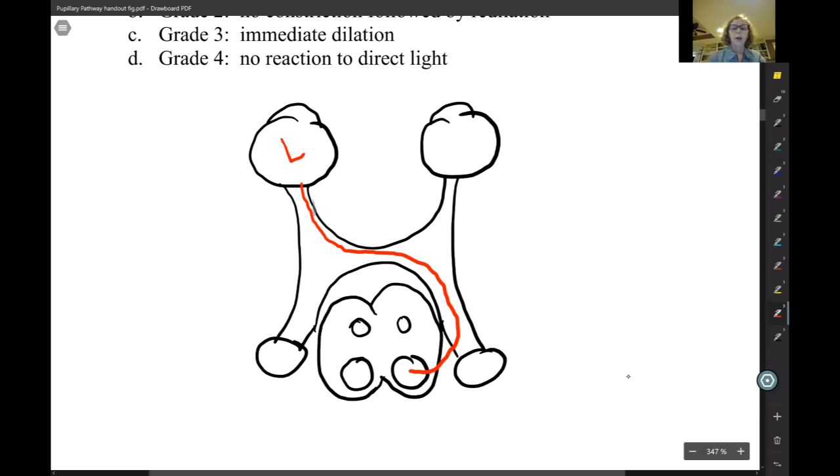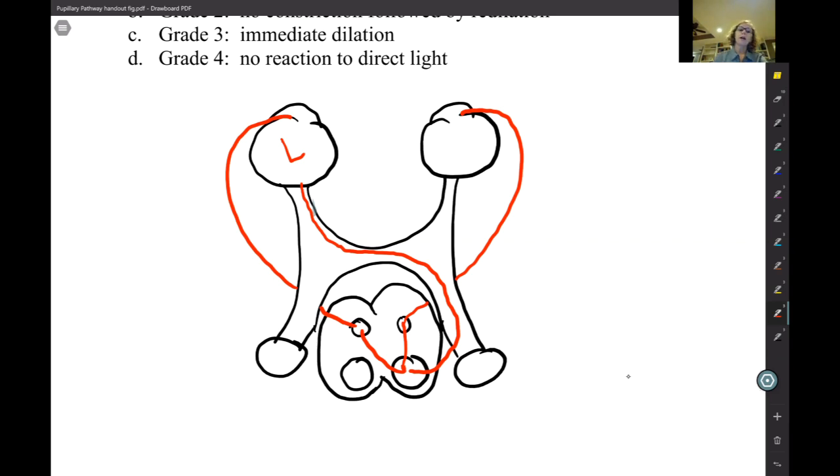From there, a signal is going to go to both Edinger-Westphal preganglionic cells, and then back up through cranial nerve 3 to the iris sphincter of both eyes. So we shine a light in the left eye and both pupils constrict.